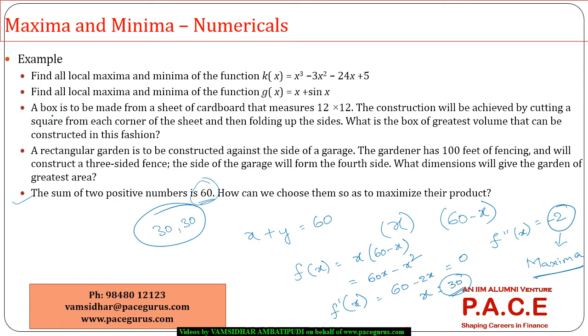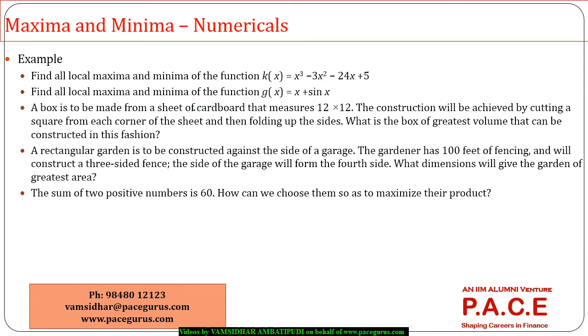All right, let's look at some quick real world examples as well. A box is to be made from a sheet of cardboard that measures 12 by 12. Okay, I'm creating a box from a cardboard. The construction will be achieved by cutting a square from each of the corners of the sheet.